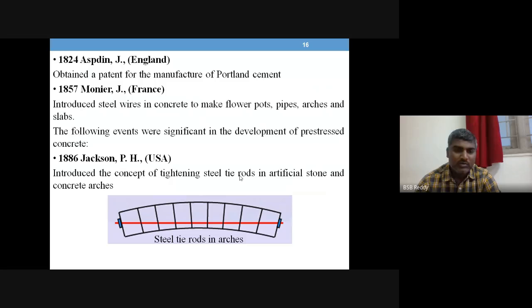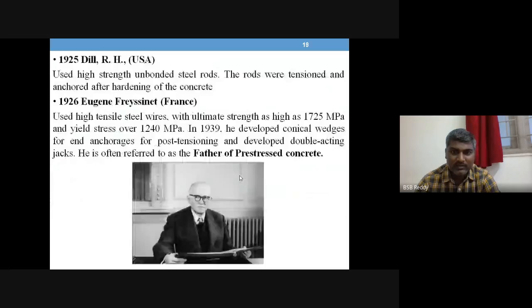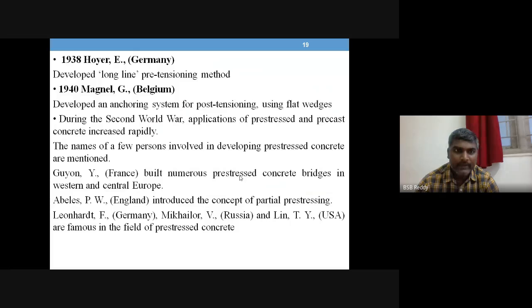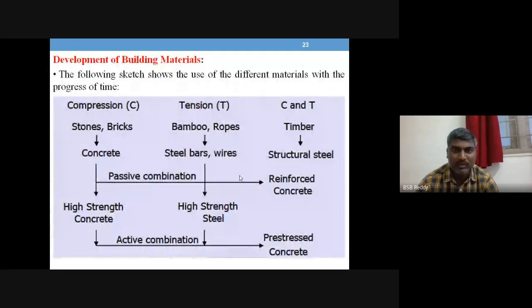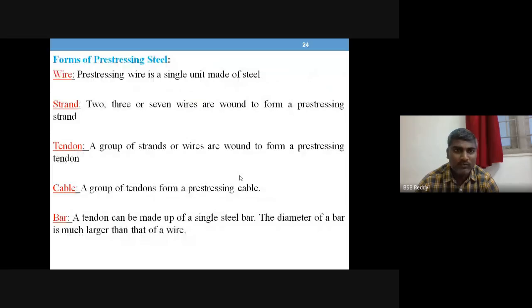And we have talked about the history also, how prestressed concrete developed, and the father of pre-stressed concrete, Eugene Freyssinet. And the related content: development of building materials and forms of pre-stressing steel. Again, the same content is discussed extensively in the high strength steel topic.